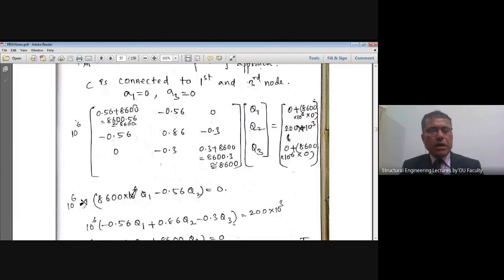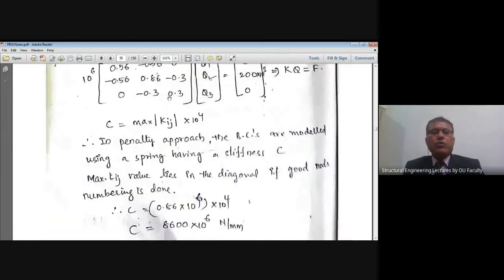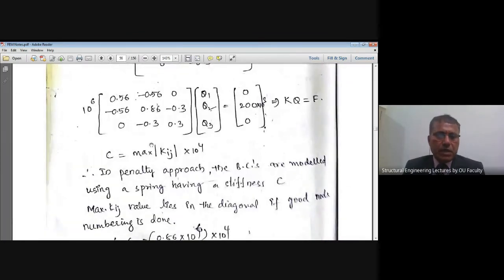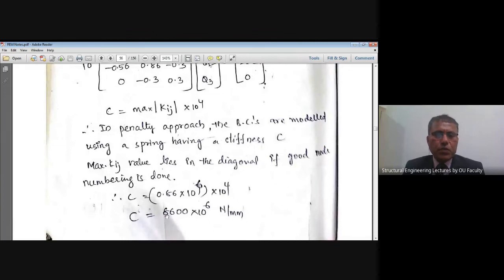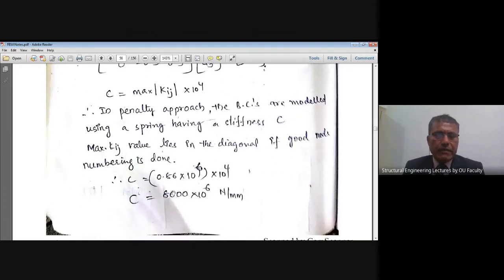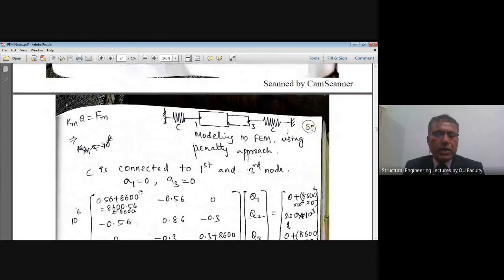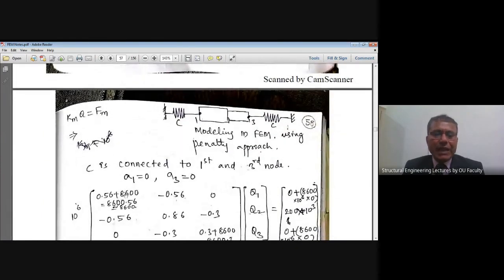Sorry. In K11, K11 was already 0.56, which is having a contribution from this 0.56. Now to which this huge 8600, when 10 to the power 6 is taken outside common, is added because of the penalty along the specified first degree of boundary conditions. 8600 is added, right?